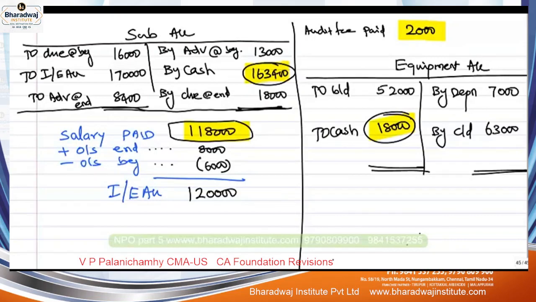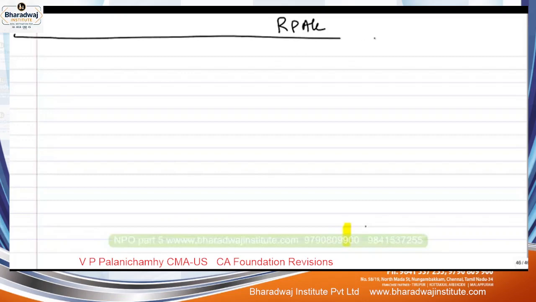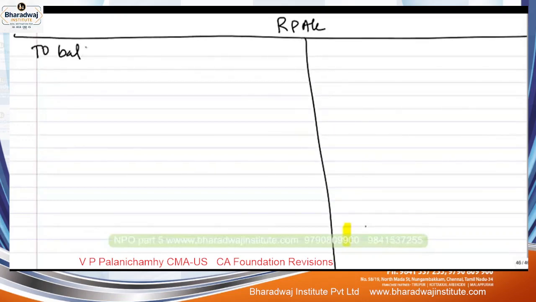You can do the receipts and payments account, but that opening balance alone, take it as a balancing figure. This is going to be the balancing figure.